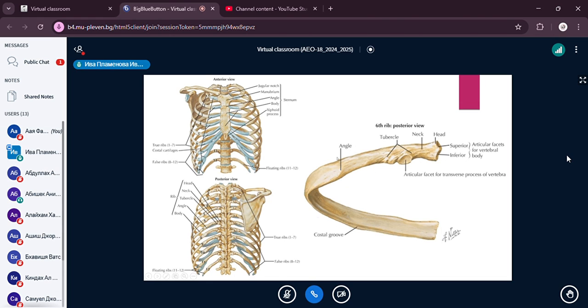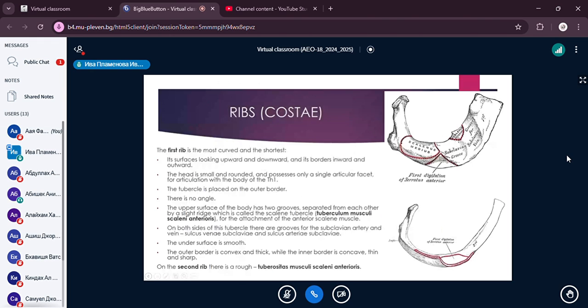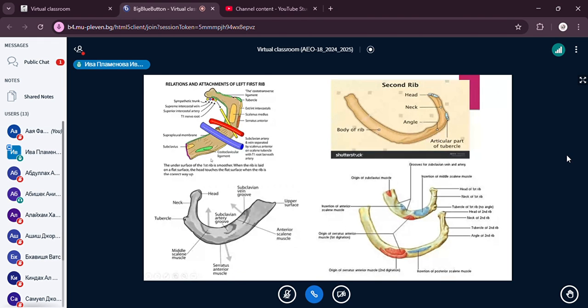What's the difference between the other ribs and the first rib? Of course, the first rib doesn't have an angle. We have upper and lower surfaces. The lower surface is smooth. On the upper surface, we can see two grooves.